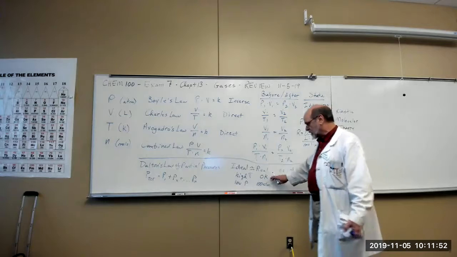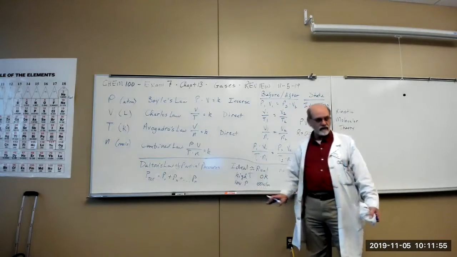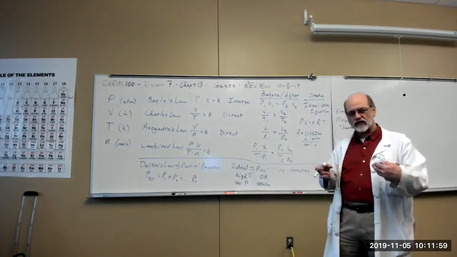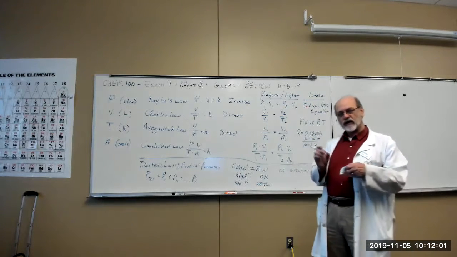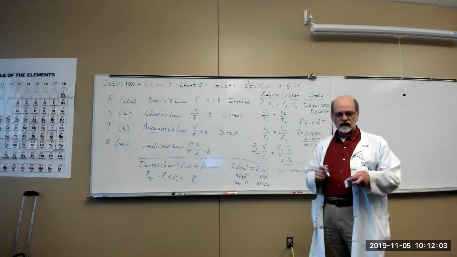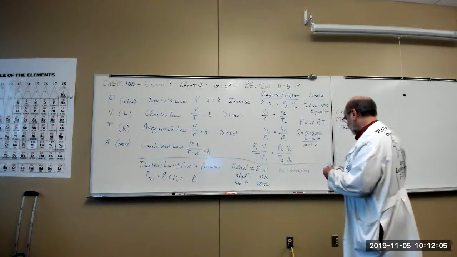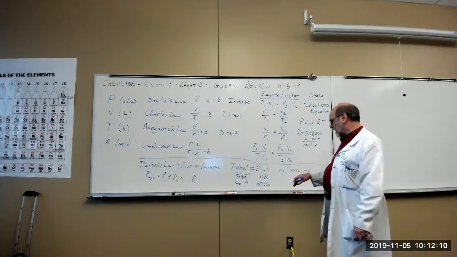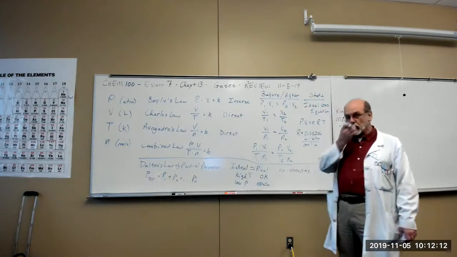And under conditions of high temperature and low pressure, that's virtually true because the distances between gas molecules are huge compared to their individual volumes. So there are no interactions, and they bounce off each other like billiard balls.